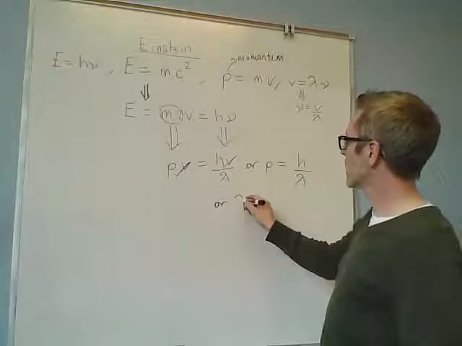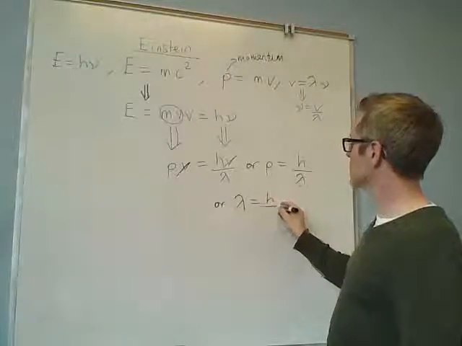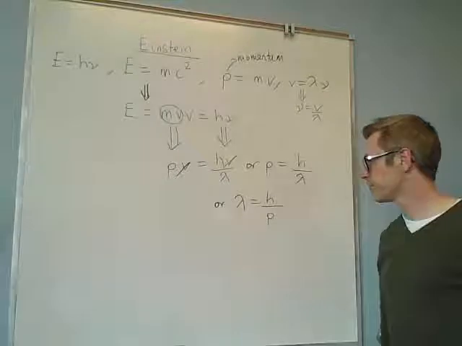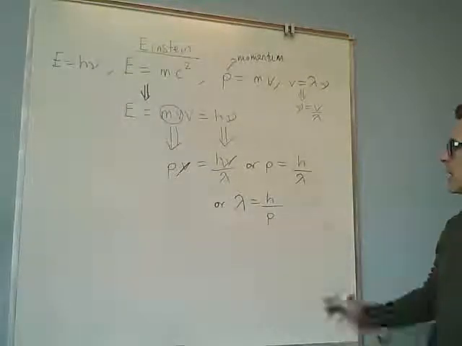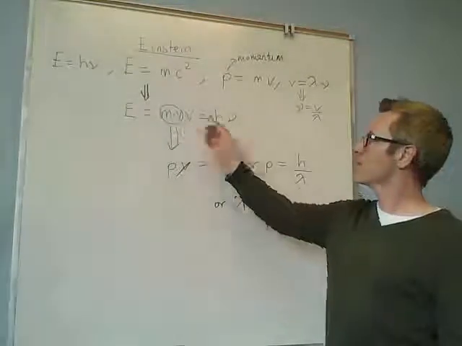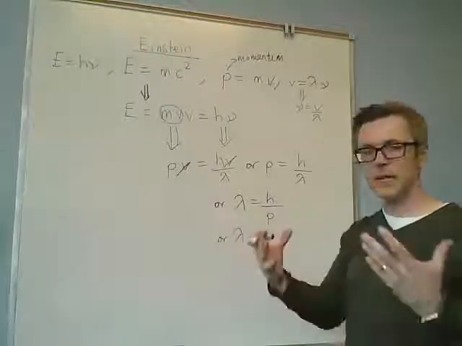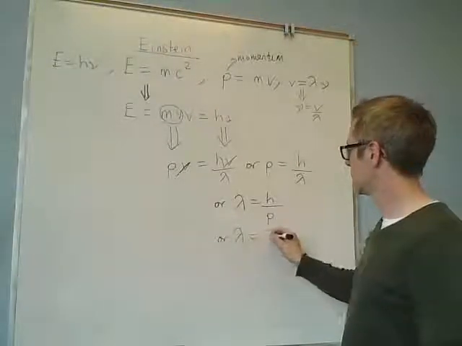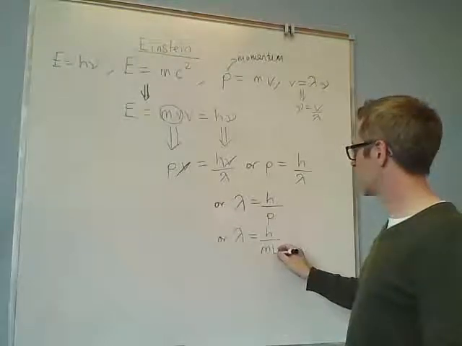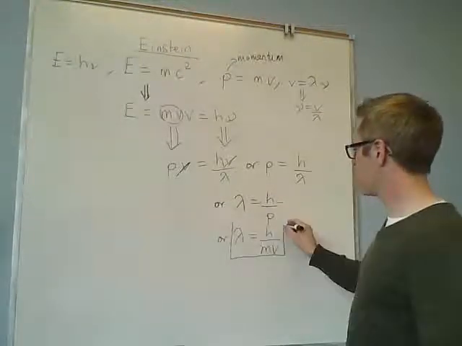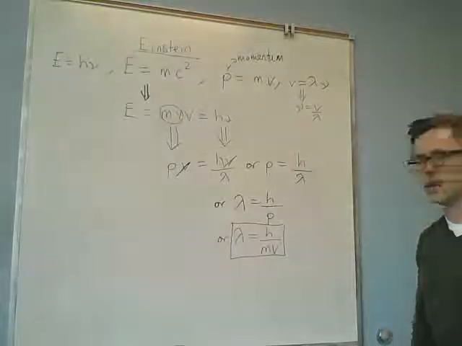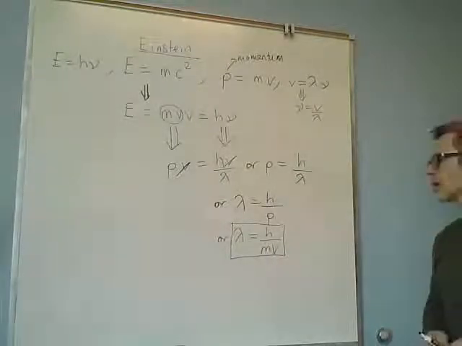Or we can write wavelength equals Planck's constant over momentum. Remember, momentum is mass times velocity. Let's just spell that out. This is possibly the most useful form in terms of teaching and pointing out what's going on.